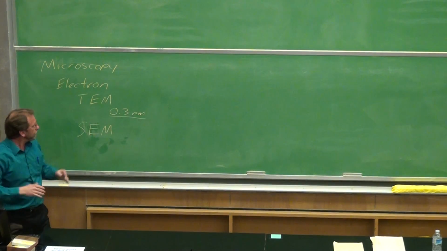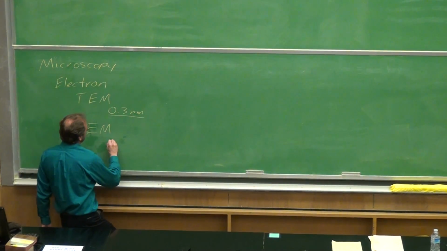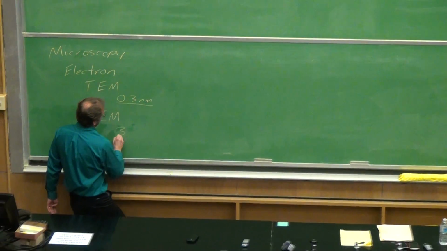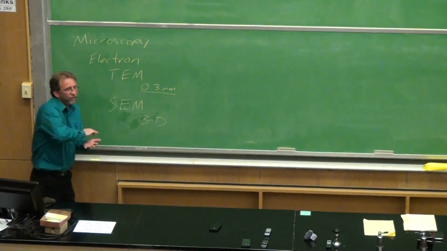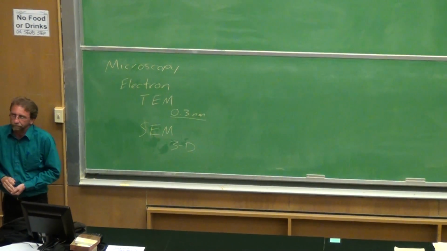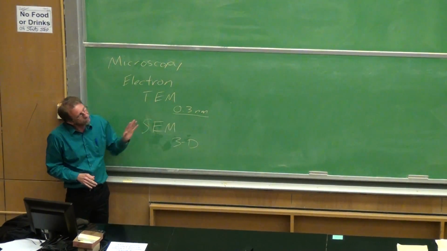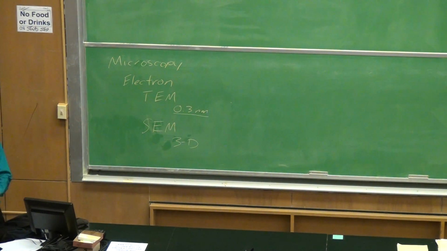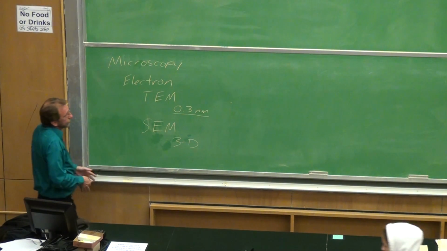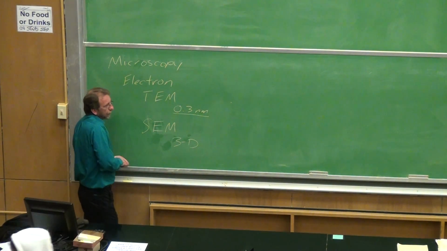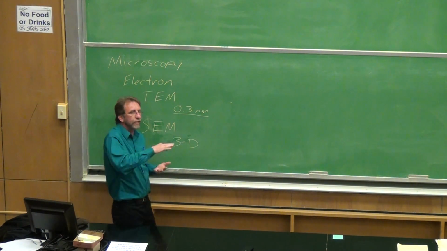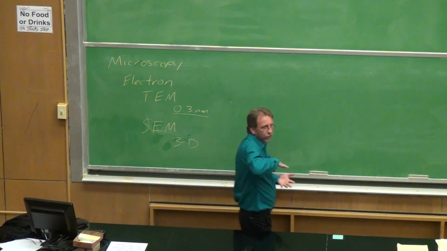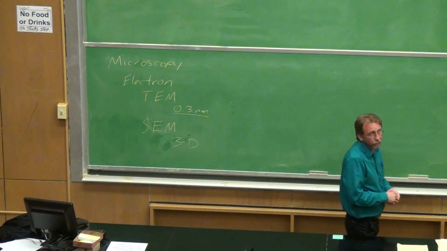And so you get an image that is going to be a three-dimensional image of the outside of the specimen. So transmission electron microscope gives you pictures of the inside of cells, if you will, because it's penetrating the cell, whereas a scanning electron microscope gives you a 3D image, a picture of the surface of what you might be looking at.